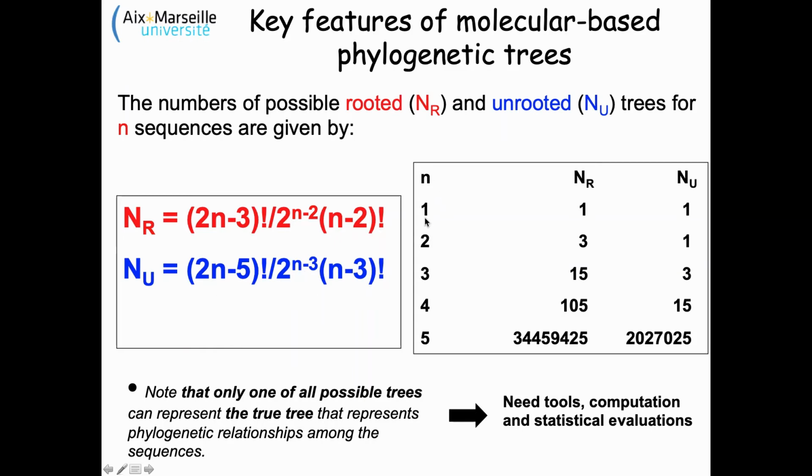If you have only one sequence, of course, you have one rooted tree and one unrooted. With two sequences, 3 possible rooted trees, only 1 possible unrooted tree. With 3, you see it's 15 trees, and then with 5, you see the number of trees you need to get, etc.